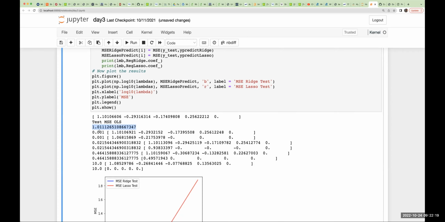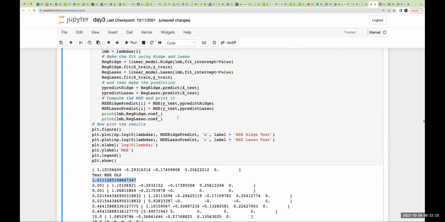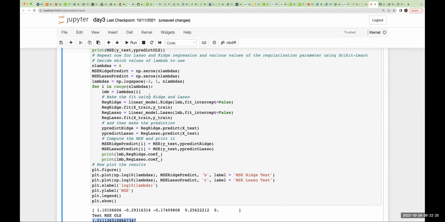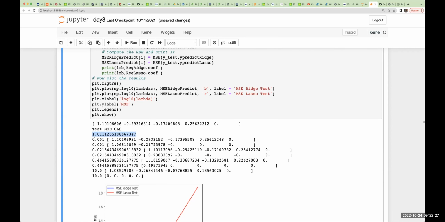Now, with a lambda of 10 to the minus 3, which is the one you see here, the first one is for ridge regression. And you see that with the lasso regression, at this value of lambda, we have already squeezed down some of the parameters.